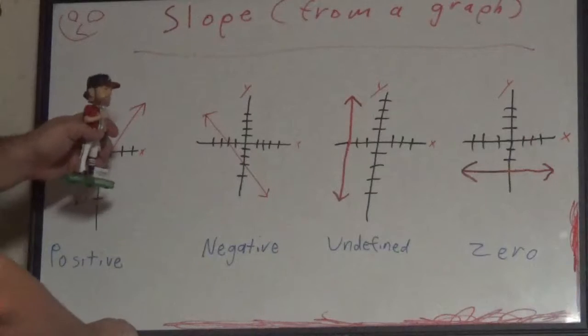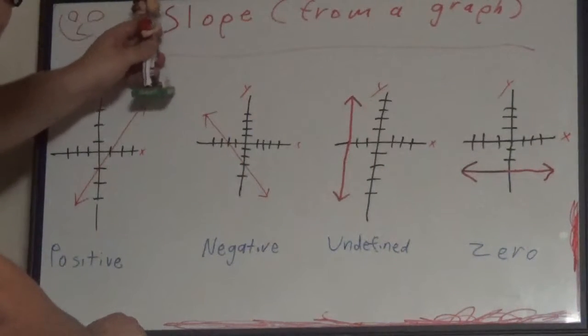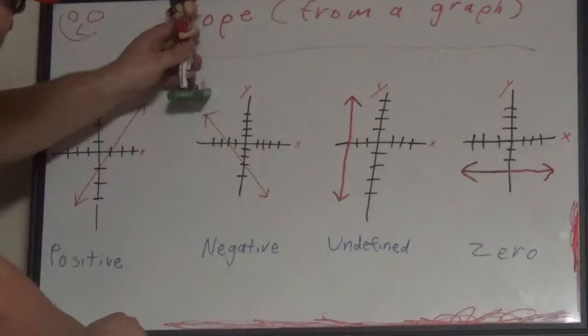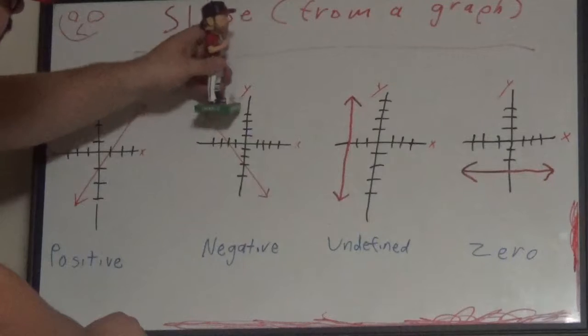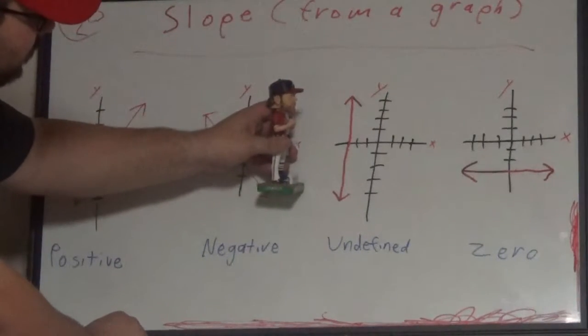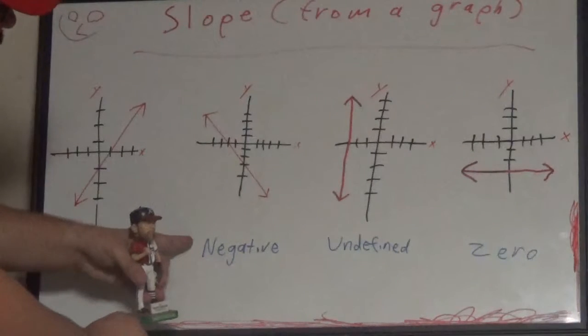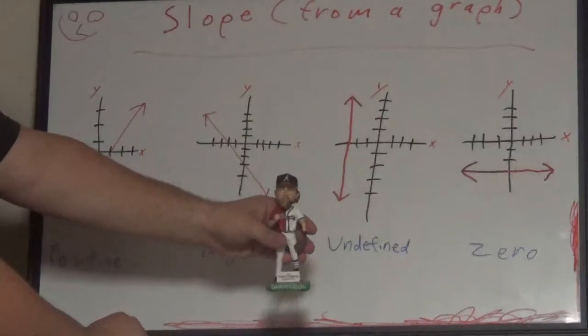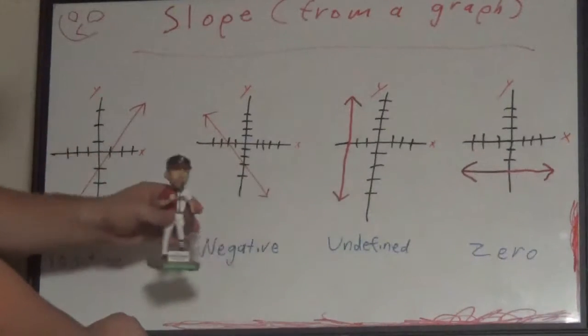But that's okay. It's detachable. So now he keeps going to the next line. Next line goes downhill. If he goes downhill, the slope will be negative. Is that correct? He says yes.